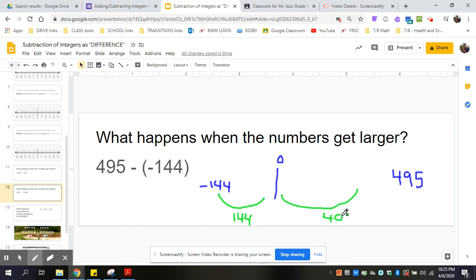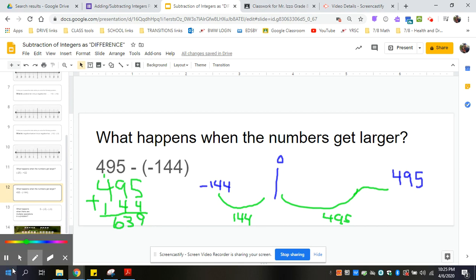Sorry, that green line should be extended a bit further. There we go. So I'm just going to use the stack method again. 495 plus 144. I'm going to have to get better at drawing with my mouse here. I can tell right off the bat. This is going to be an important skill moving forward. 639 is what your answer should have been.